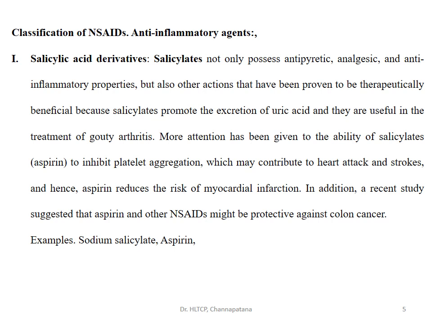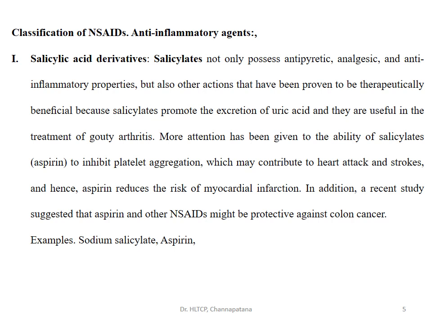Salicylates also have the ability to inhibit platelet aggregation. Hence, they can be used in heart attack and stroke and reduce the risk of myocardial infarction. Recent studies suggest that aspirin is useful and protective against colon cancer.